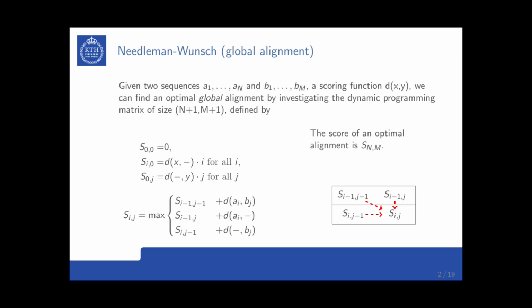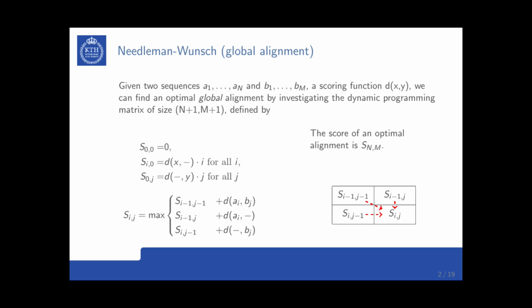This is the event where you have a match or mismatch between the sequences. You just add the score of the previous position to the score of the match or mismatch. So this is S_(i-1, j-1) plus d(a, b).